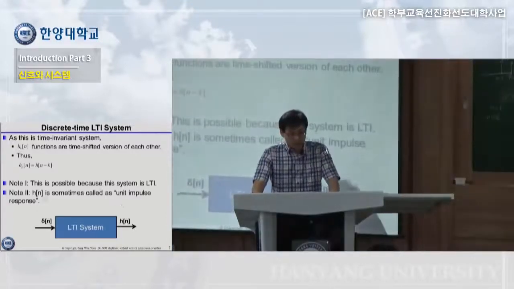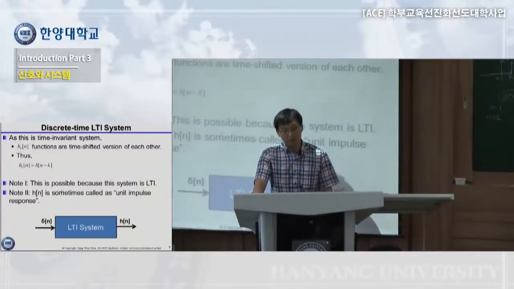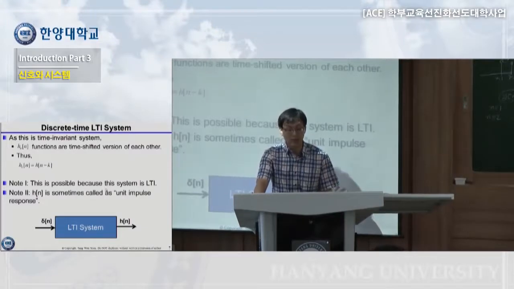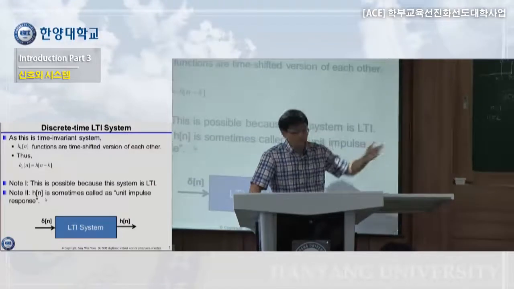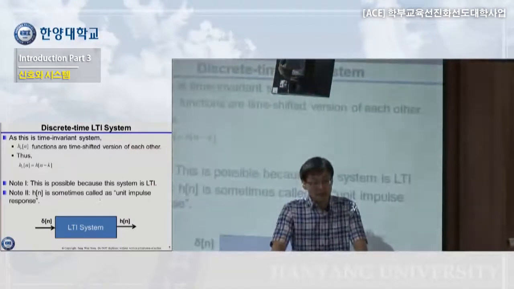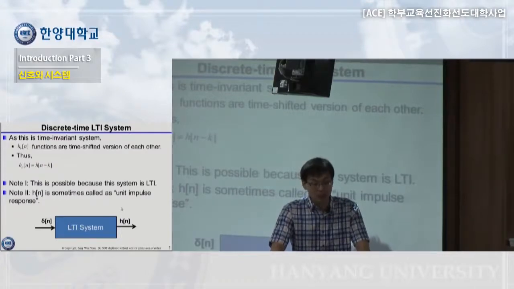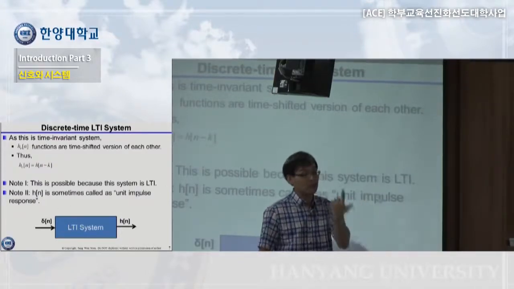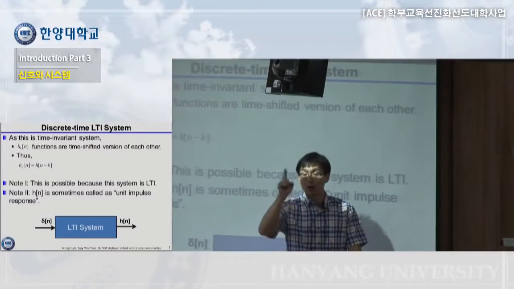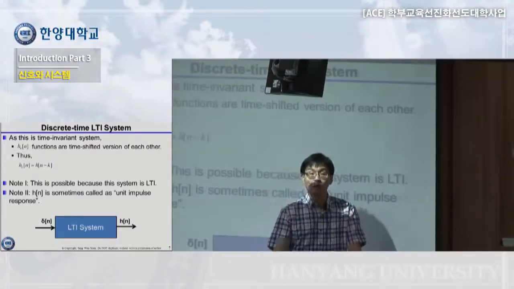So, once again, this is possible because this system is assumed to be a linear time invariant system. Each Hn, which is shown in here, is often called impulse response, or the full name is unit impulse response, because impulse is delta function, which is actually value of 1, so it's called a unit.